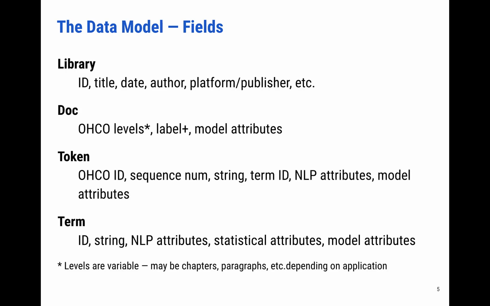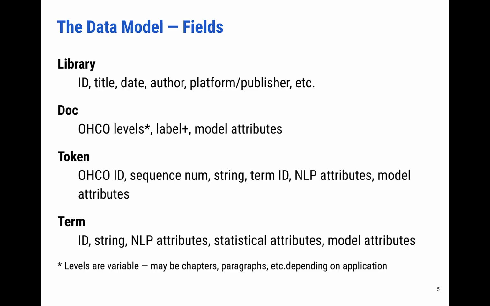The term is going to be a normalized version of the string, and here oftentimes you want to preserve the string in its raw form, say if it's got capitalization or a hyphen in it or something like that. This table can also have NLP attributes. It can have model attributes that are added by particular analytic models that generate data that then can be put back into the data model.